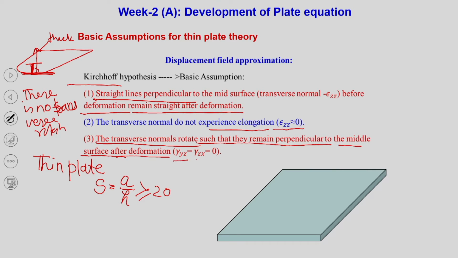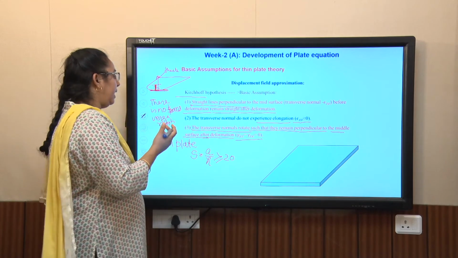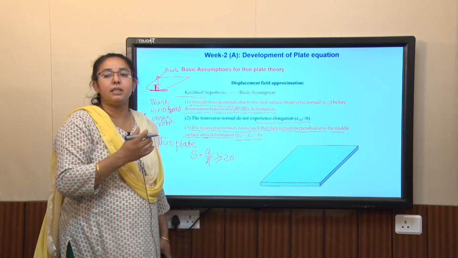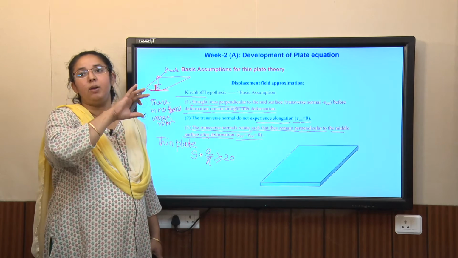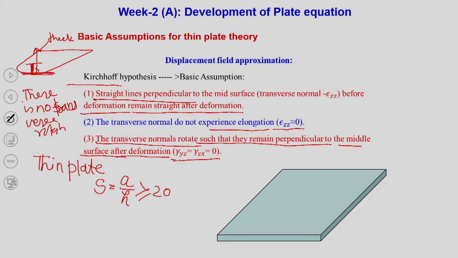Shear strain is a measure of the rotation basically. A normal strain is the measure of the elongation or stretching, whereas shear strain is a measure of deformation in angular positions, the angle, rotation. So, there is no shear strain, or we are neglecting it.